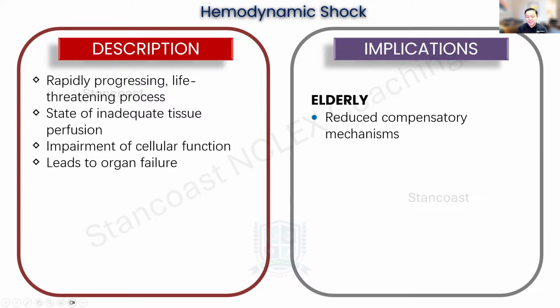Now, in the elderly people, there is also progression of the shock in stages, right? They're going to progress into the levels of shock from stage 1, 2, 3, and 4. And again, the reason for that is the decreased compensatory mechanism in their body.